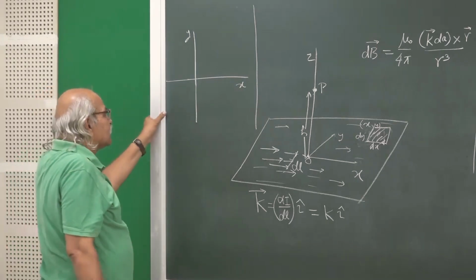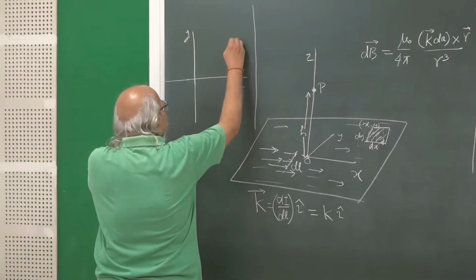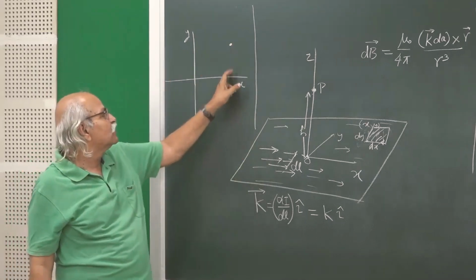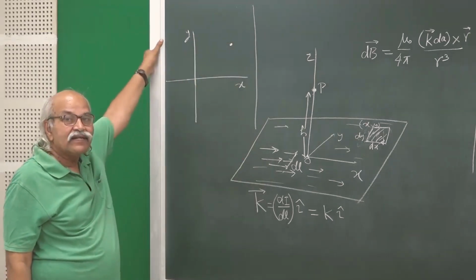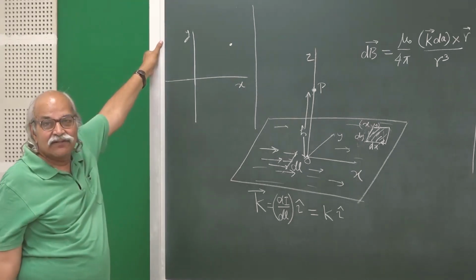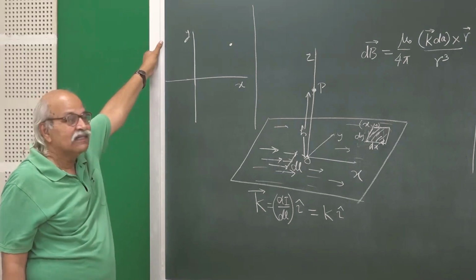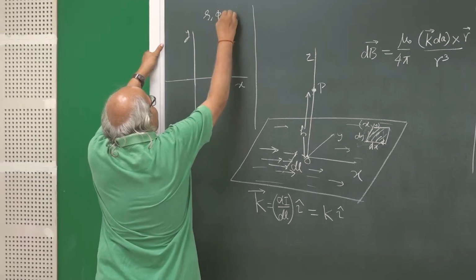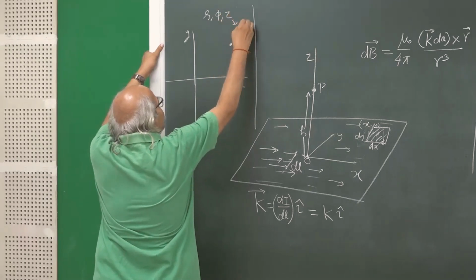So, you take any general point, its xy coordinates are x and y, but then look at its cylindrical polar coordinates. Z is 0, the point is in the xy plane. So, you have three coordinates s, phi and z, and this z is anyway 0.